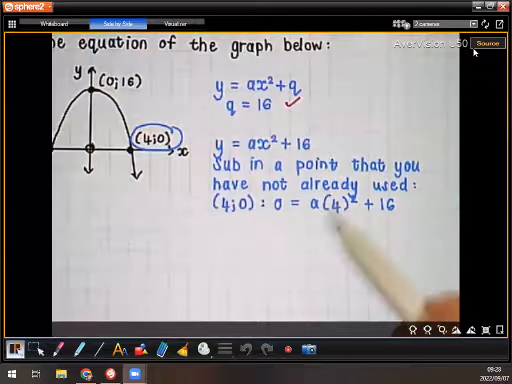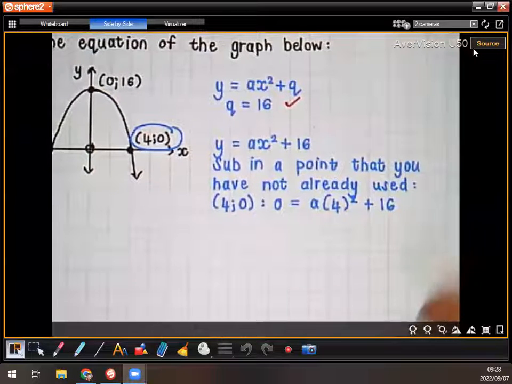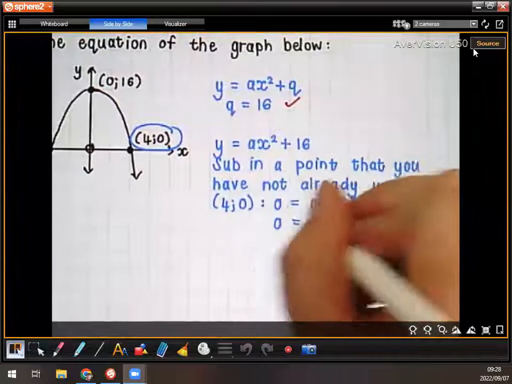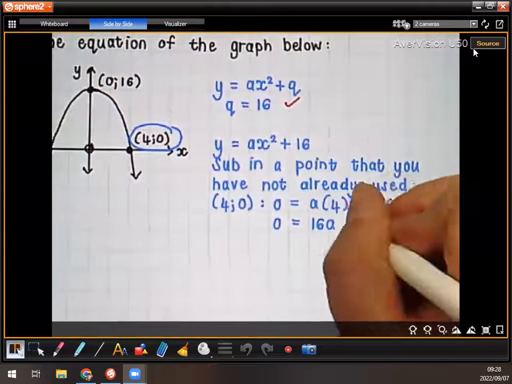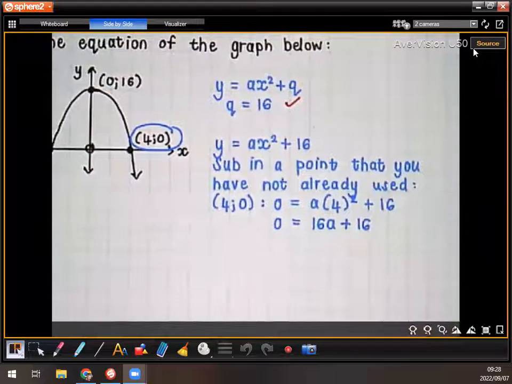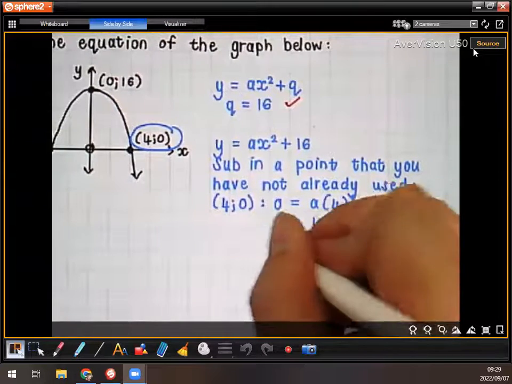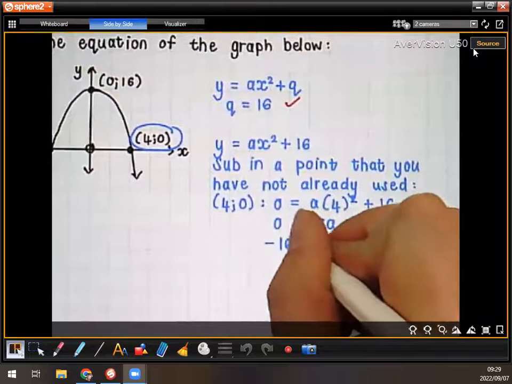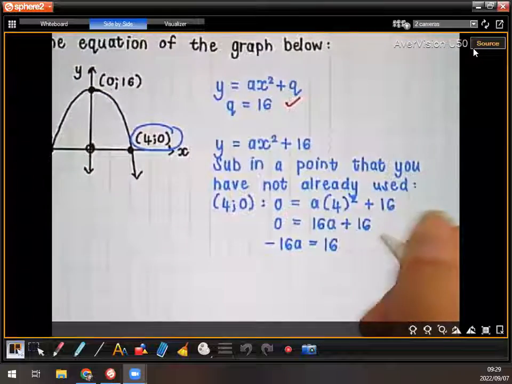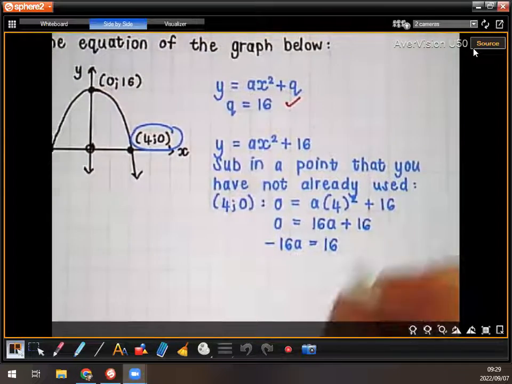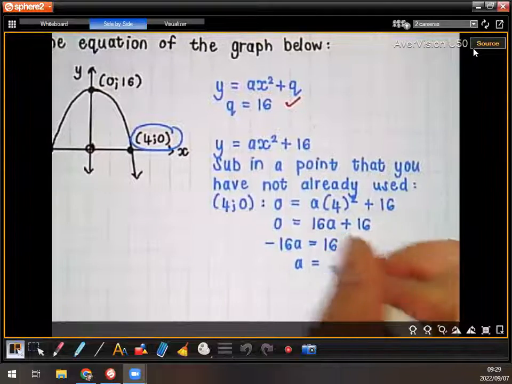All right, what is a times 4 squared? 16a. All right, you can do this all in one step. You can take that 16a across if you want, but that is basically what we end up with. So negative 16a equals 16. So what is my a value?